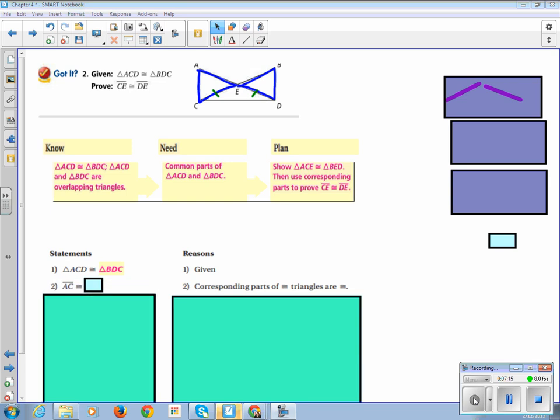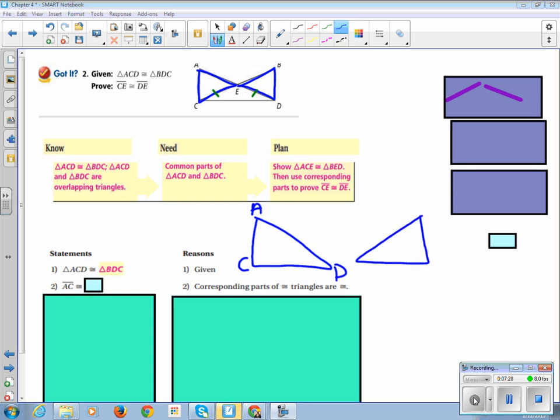Then we're going to make a little congruence statement. So in triangles ACD, and I'm going to draw those out so we can have a better view of what we're talking about, we know that these two triangles are congruent. Therefore, AC, this side, is congruent to what side over here? BD.